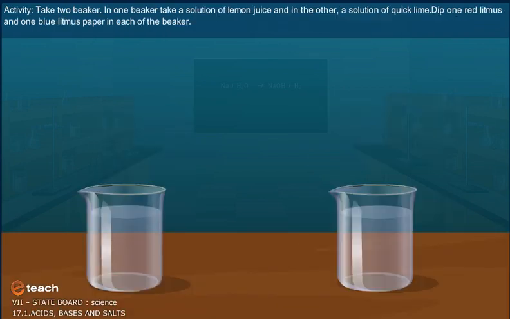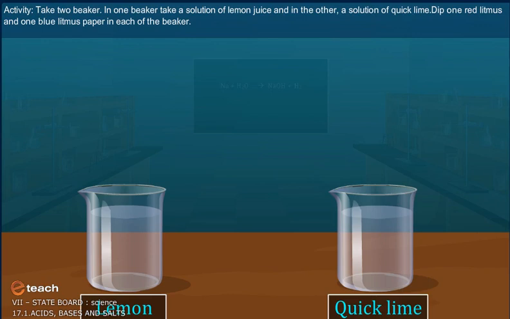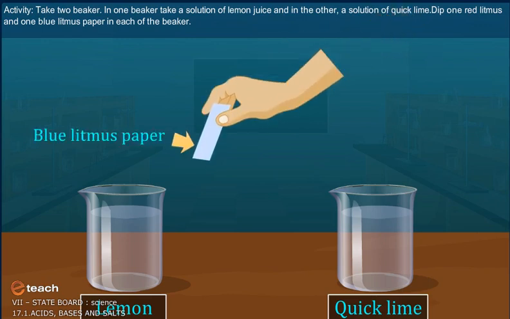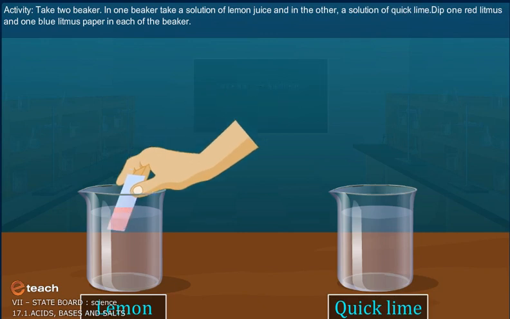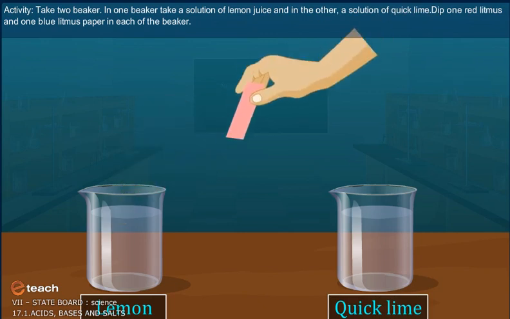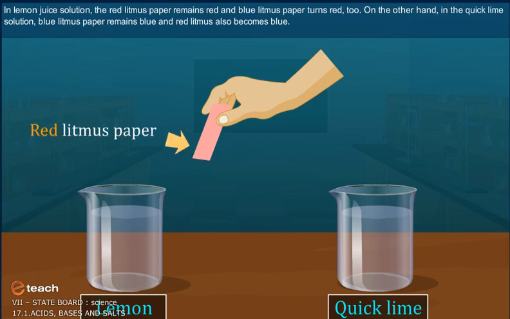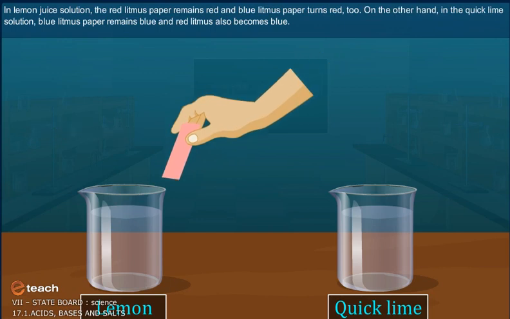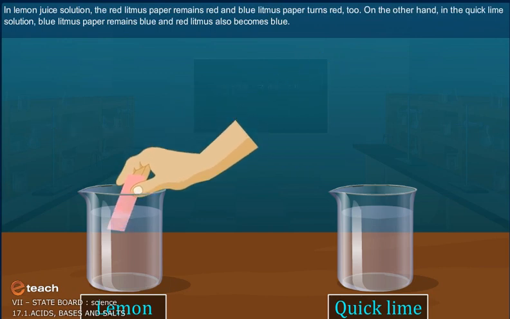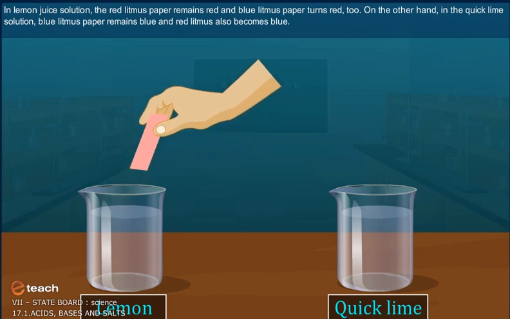Activity. Take 2 beakers. In one beaker, take a solution of lemon juice and in the other, a solution of quicklime. Dip 1 red litmus paper and 1 blue litmus paper in each. In the lemon juice solution, the red litmus paper remains red and the blue litmus paper turns red too.